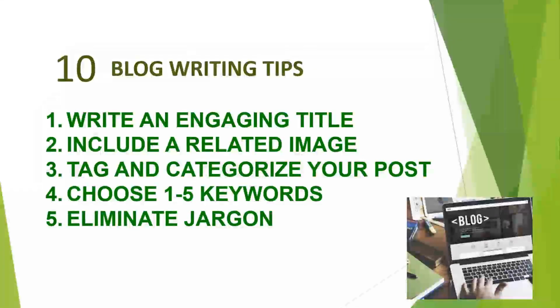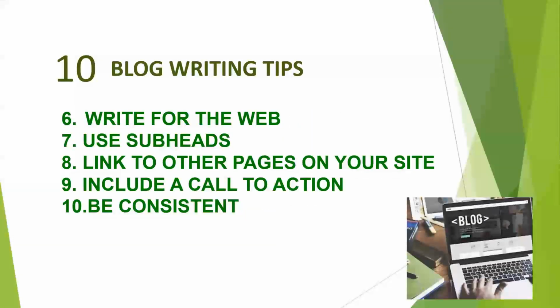Choose 1 to 5 keywords that you're going to include that really set apart what this blog is about, and it's something that people are searching for. Eliminate industry jargon like initials or acronyms or different things that people might not understand. Spell everything out. Write for the web, and I'll explain what that means in a minute.